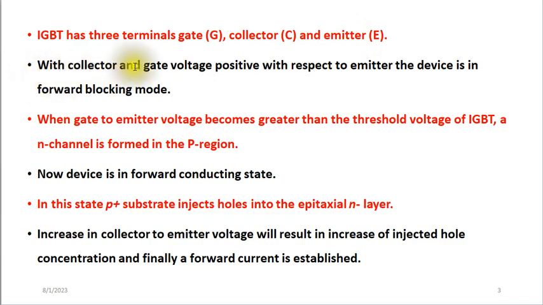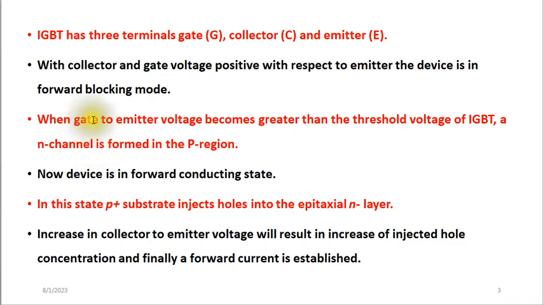Whenever the collector and the gate voltage are made positive with respect to the emitter, your device is in what we call the forward blocking mode, which means it is forward biased, but it is not conducting because there is no control gate voltage that will enable it to start conducting.